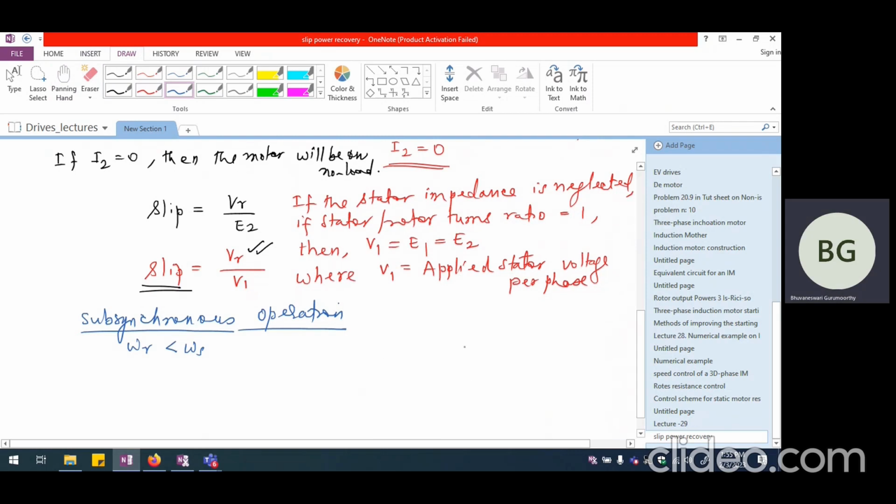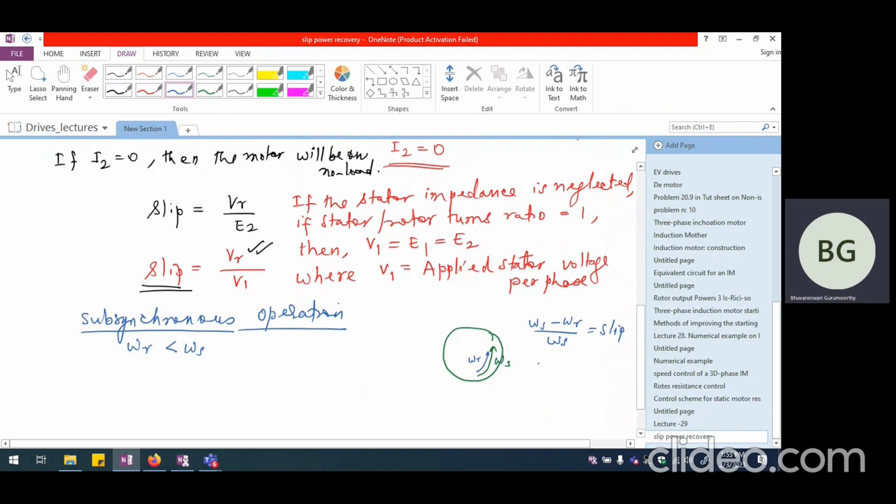one thing you have to realize is that if this is my stator revolving magnetic field, which is at omega s, now the rotor is rotating at a lower speed, which is at omega r. So omega s minus omega r divided by omega s is slip.